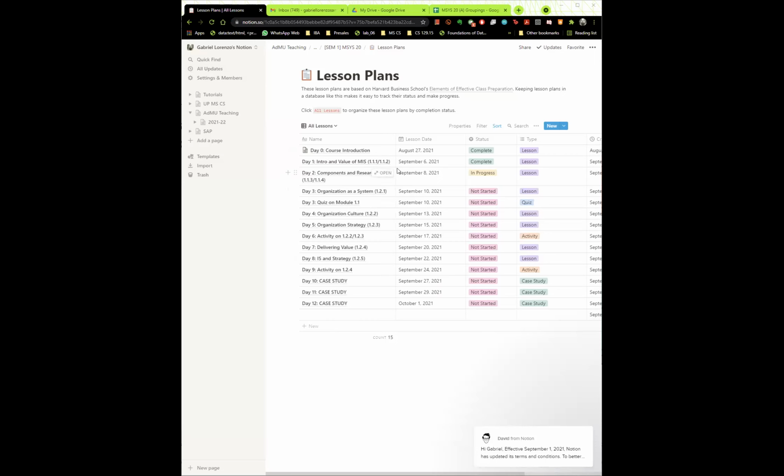Today we discussed the components and research on IS. Next week we will go into the organization as a system and deeper into strategic management. We will deal with things like vision, mission, business model canvas, and Porter's value chain, and how IS fits into the overall strategy.